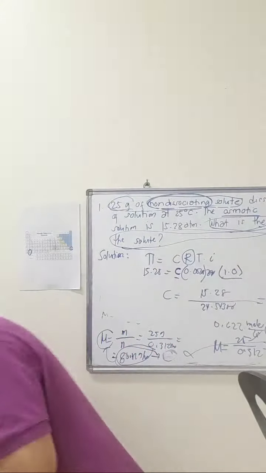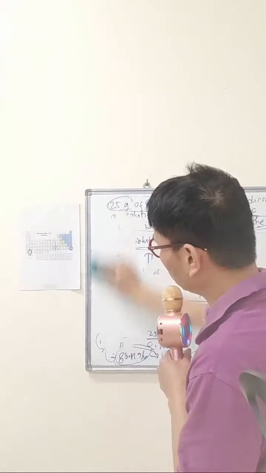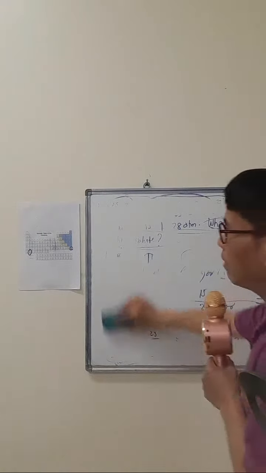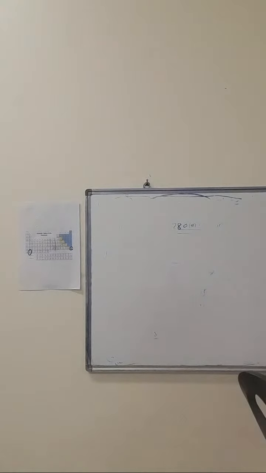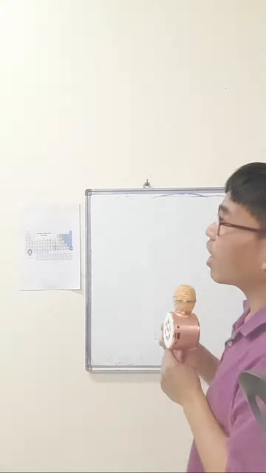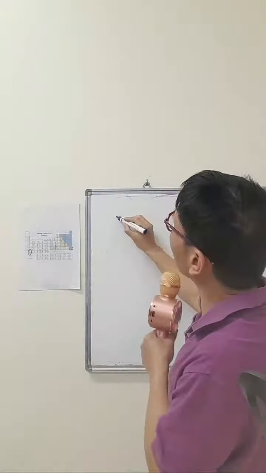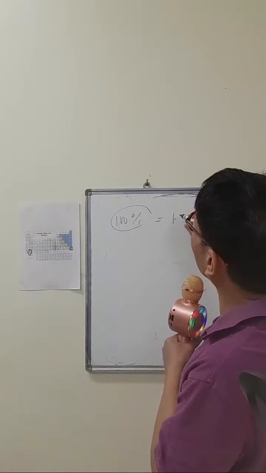Which is also practical because, for example, if I have a concentrated hydrochloric acid, a strong acid of 100% purity, meaning 100% concentrated, this is going to be equal to 1.